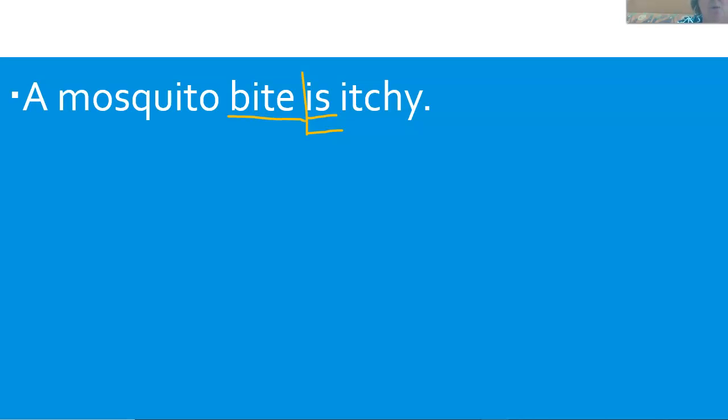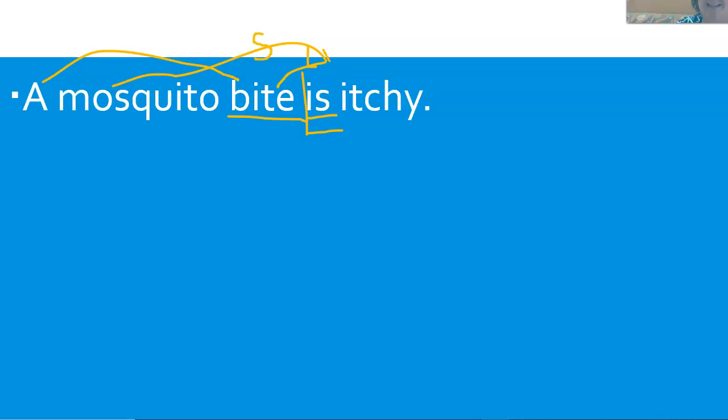Okay, so what would be an adjective describing bite? What would mosquito be? Mosquito would be an adjective describing bite. So now we're left with the word itchy. What kind of word would itchy be? So what kind of verb do we have? We have a linking verb.